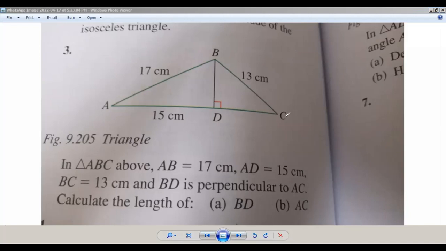All right. So the question says to find BD. So what to do? Ignore this side of the triangle, and just focus on over here, the left hand side. Now, would you agree with me that BD is a short side?